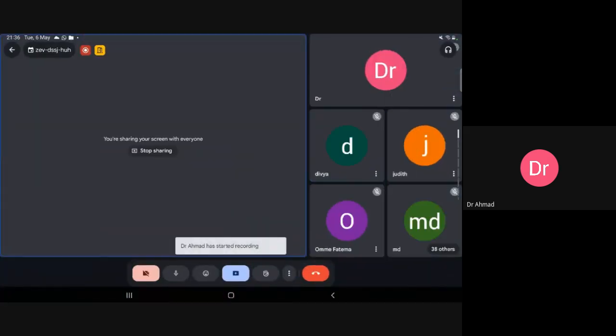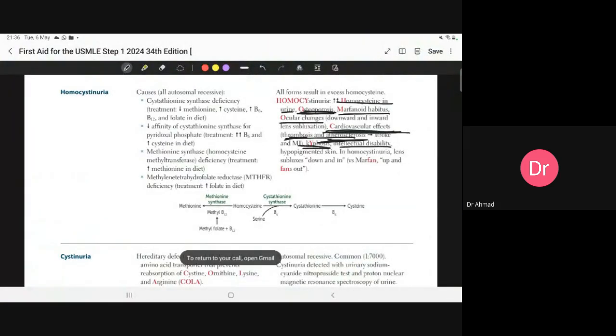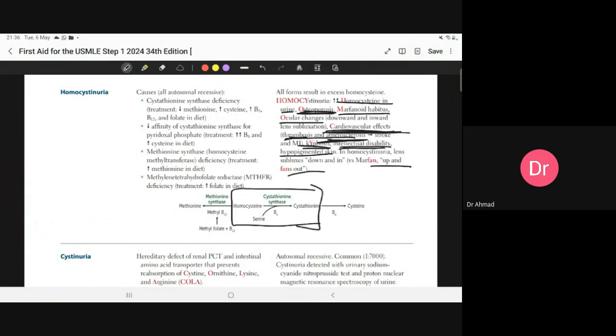Intellectual disability is common to both homocystinuria and Marfan syndrome. Hypopigmented skin again can be seen, and up and out. So I told you everything. This pathway is highly tested. It's extremely tested. So at least you should keep this in mind if other things are a lot for you.